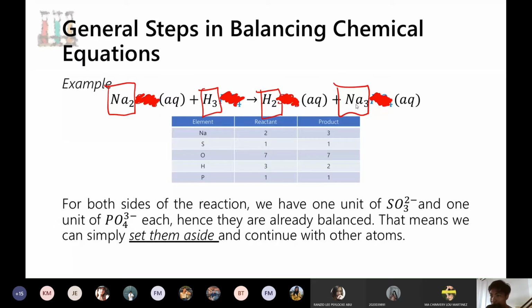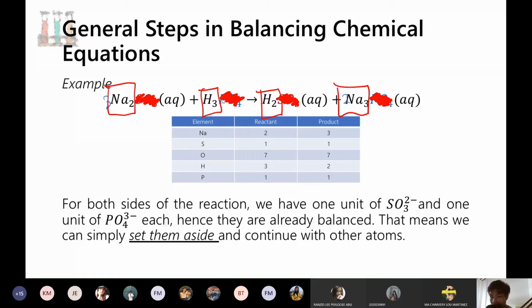Yun 6, no? Kasi 2 times 3 is 6. So, that means, gagawin natin 6 yung number of sodium atoms. So, itong 2, para maging 6 yan, you multiply it by 3. Itong 3, para maging 6 yan, you multiply it by 2. Okay, so that means the coefficient of this term is 3. Dito naman ay 2.